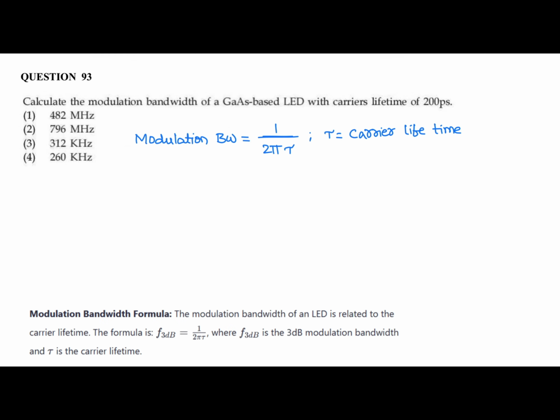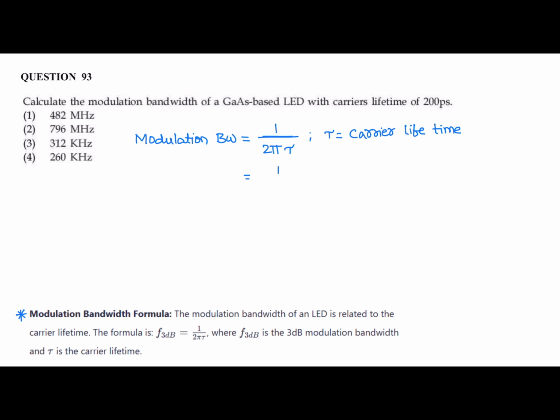Next question. Calculate the modulation bandwidth of a gallium arsenide based light emitting diode with carrier lifetime of 200 picoseconds. The modulation bandwidth of an LED is related to carrier lifetime, and the formula for modulation bandwidth is 1 by 2 pi tau.